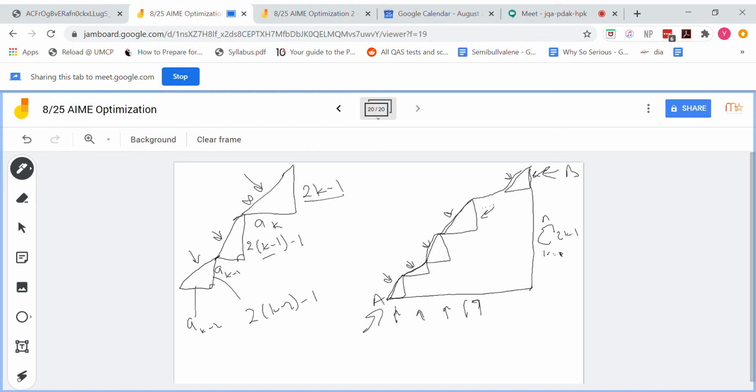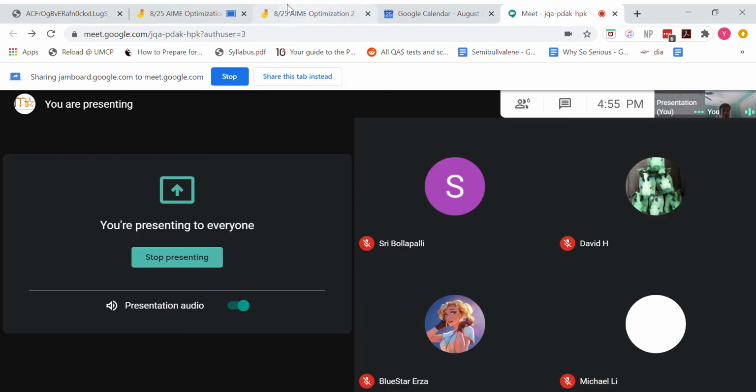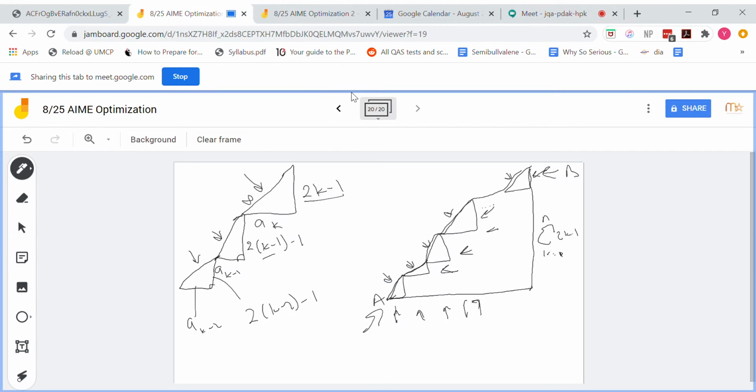So what's going to be the shortest length of the path? It's obviously just going to be a straight line from A to B, right? If all of these triangles are similar to each other, we simply set the path to be the line from A to B, and that we know is the shortest path because the shortest path between 2 points is simply the line between those 2 points, and so the shortest path is simply the length AB.